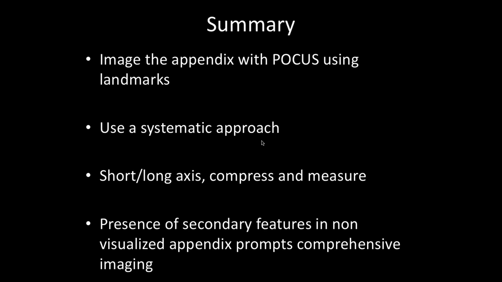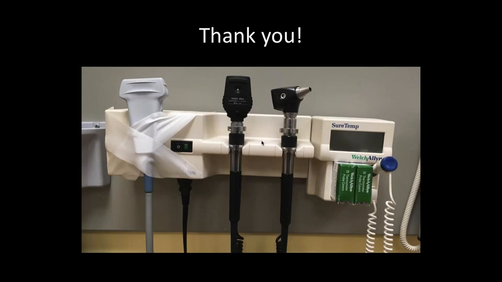Once you find that appendix, visualize it in the short axis, look at it in the long axis, do some good compression, and then go ahead and measure it. And then, again, if you're seeing secondary features, unable to see the appendix, please go ahead and get a comprehensive ultrasound to help you locate that appendix if it's truly inflamed.